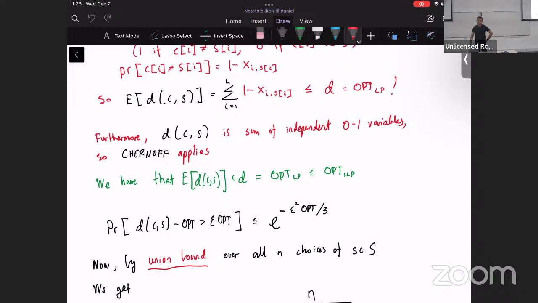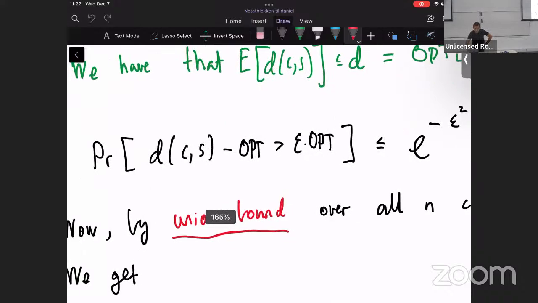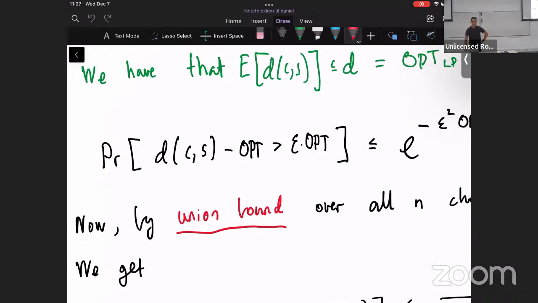Well, we know that D is equal to opt LP. And opt LP is less than or equal to opt ILP. And opt ILP is just equal to opt for our center string problem.